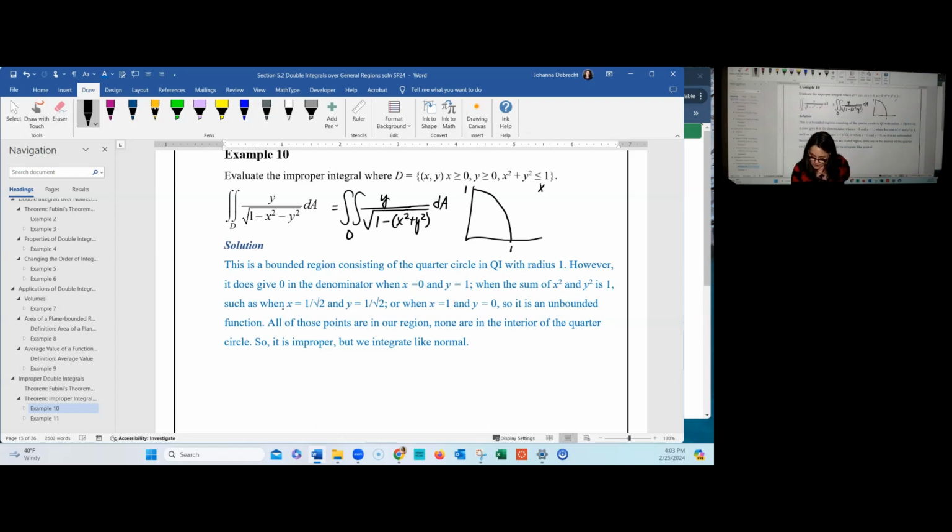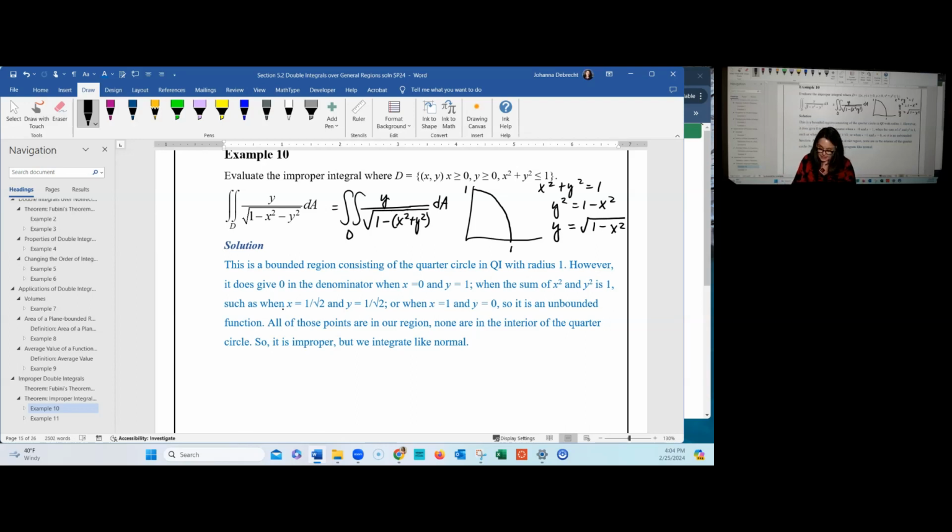Using the equation x squared plus y squared equals 1, I can write y squared equals 1 minus x squared. And since it's part of the upper part of the circle, I get y equals the square root of the quantity 1 minus x squared. This will give me my limits of integration.